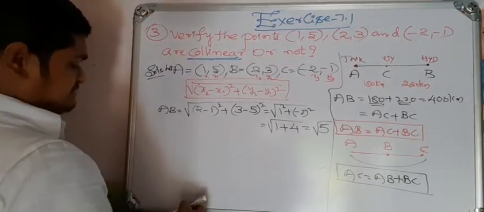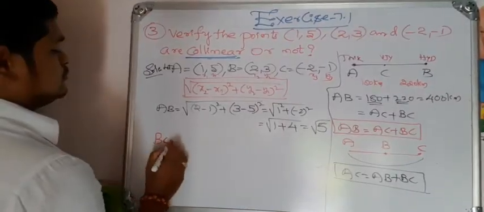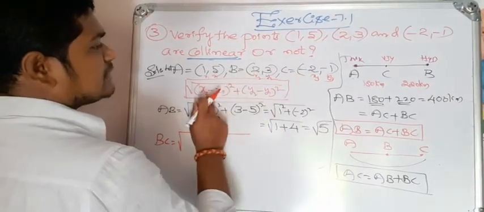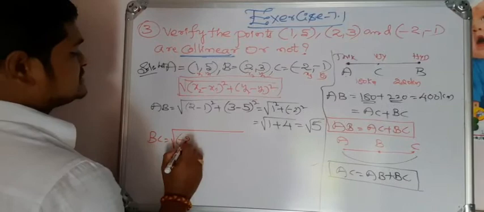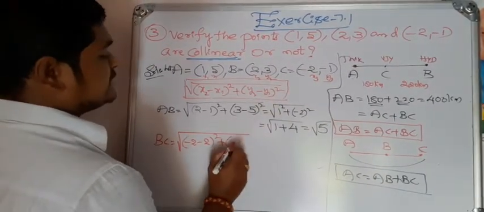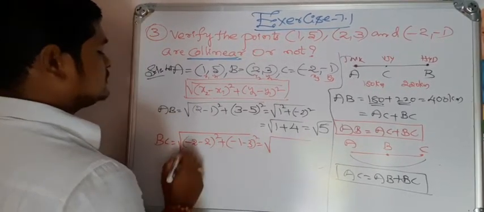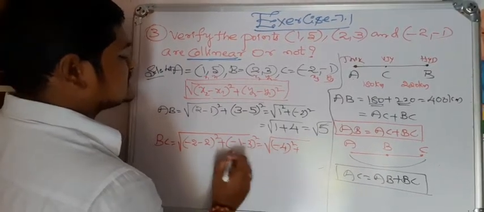Now coming to the next pair, that is B and C. Find the distance between B and C. BC is equal to root of (x3 minus x2) whole square plus (y3 minus y2) whole square. The formula is the same, just change the points. x3 minus x2 means minus 2 whole square, plus y3 minus y2, that is minus 1 minus 3, whole square. Let's simplify. Minus 2, both are the same sign, so add and keep the same symbol.